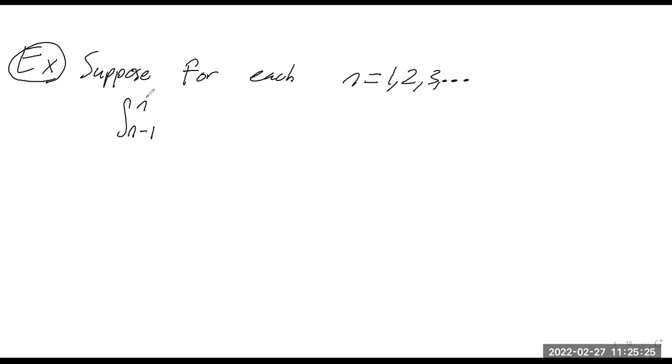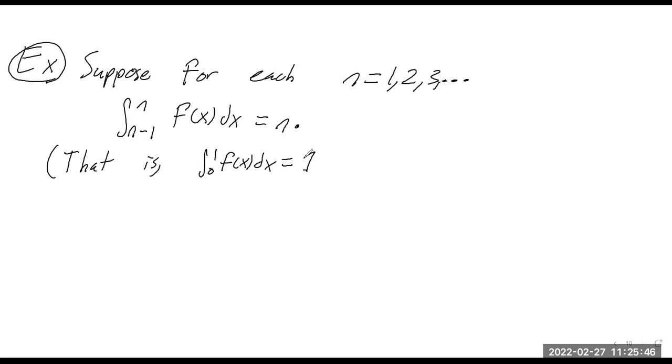The integral from n minus 1 up till n of f of x dx is equal to n. That is, the integral from 0 to 1 of f is 1. The integral from 1 to 2 of f is 2, and so on. So the integral from 2 to 3 would be 3, and we just continue that pattern.